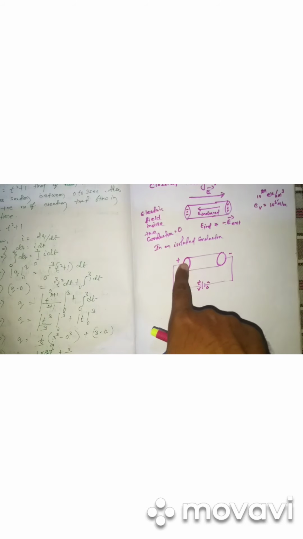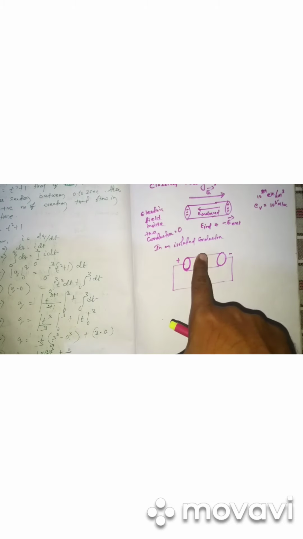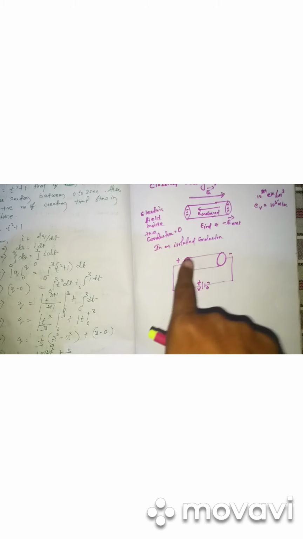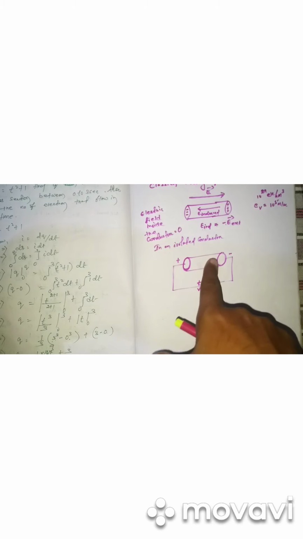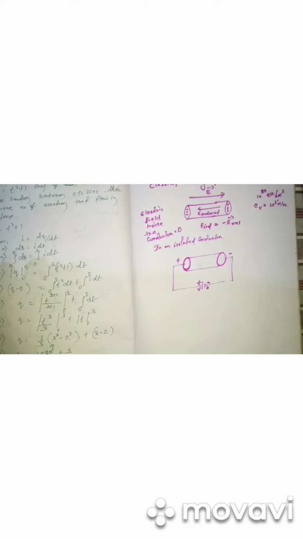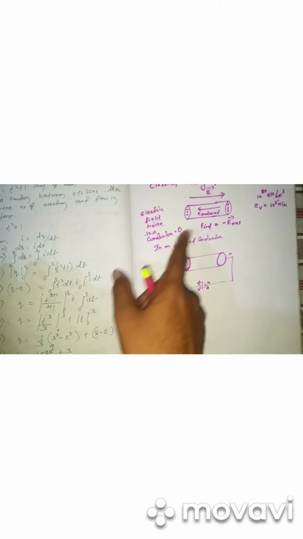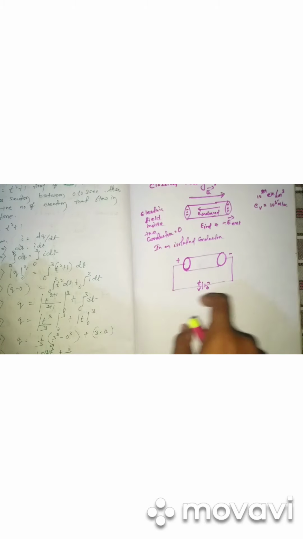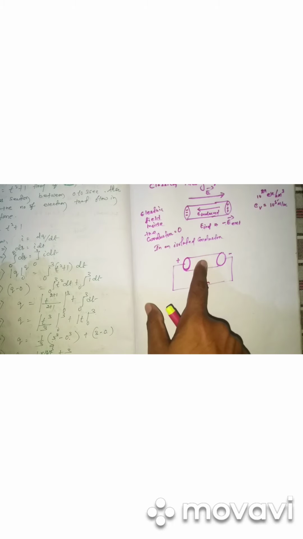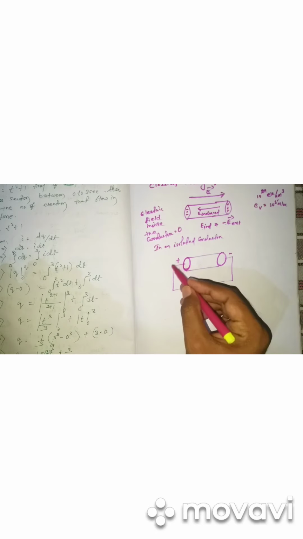When we connect a battery to that conductor, an electric field is induced in that conductor, and it cannot be 0. Clear? It has some value, but in electrostatics it is 0 because it is an isolated conductor. But in this case, it is not an isolated conductor, because it is connected to a battery by a wire.